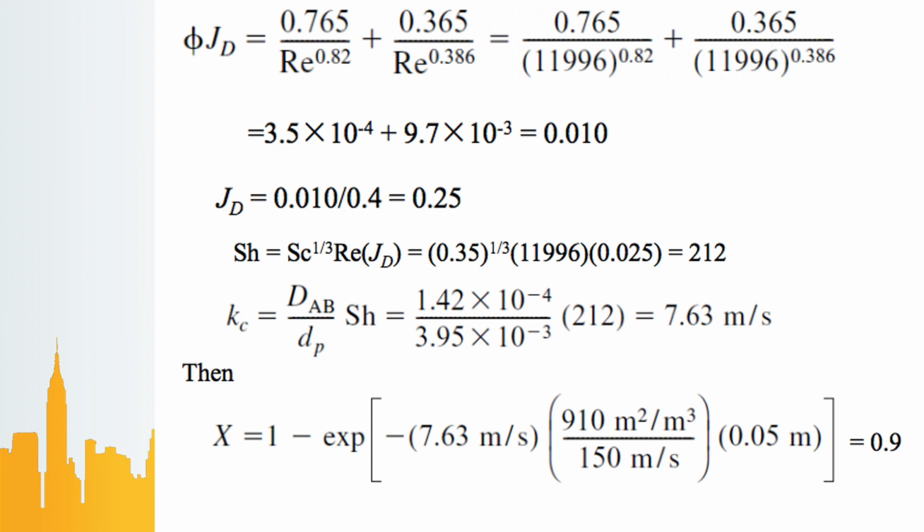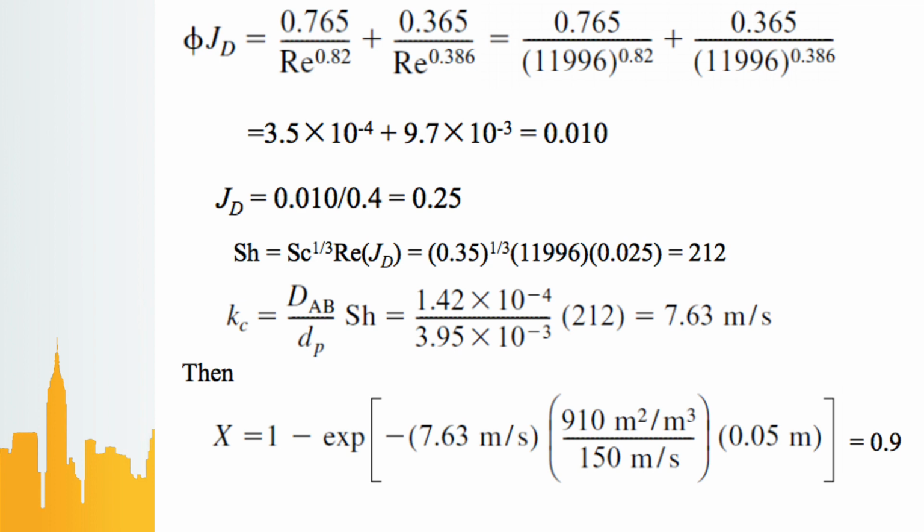Then you can determine your Kc using the same formula that we learned in the first part of chapter 2. The value of Kc is 7.63 meter per second, which is slightly different from Kc calculated using Thoenes and Kramers.